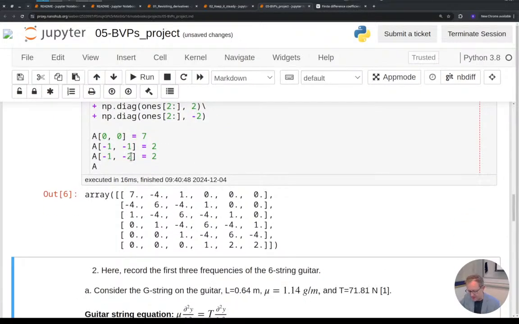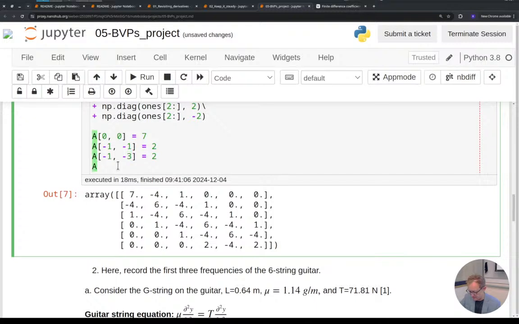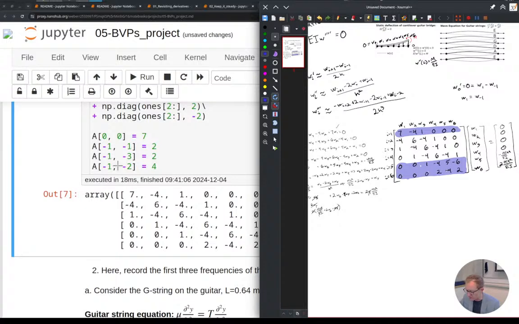I want to go back 2 spots. Like that. Alright. And then the last thing is that A bracket -1, -2 equals +4? No, -4.